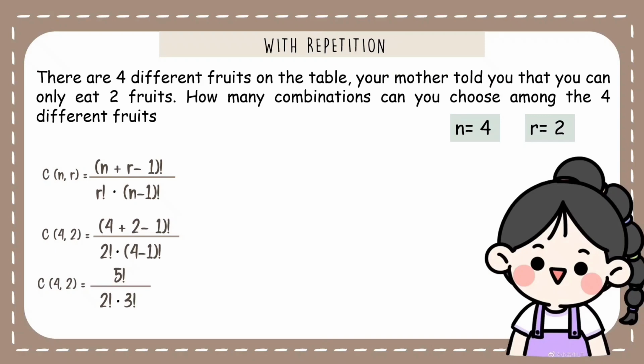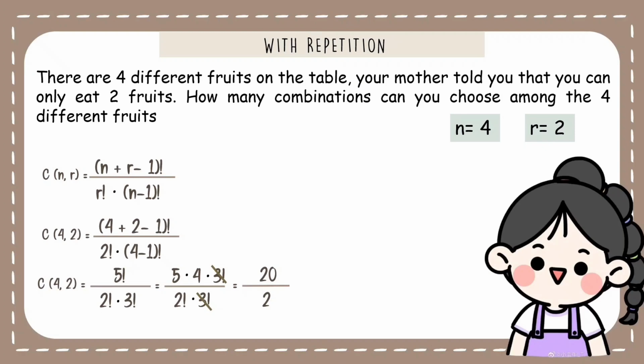Following our next step, we write the numerator in the form of 5 times 4 times 3 factorial to cancel 3 factorial on the numerator and denominator. In addition, multiply the remaining factors. 5 times 4 is equal to 20, and 2 times 1 is equal to 2.